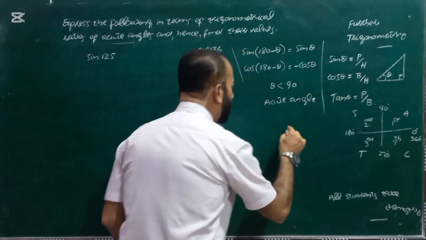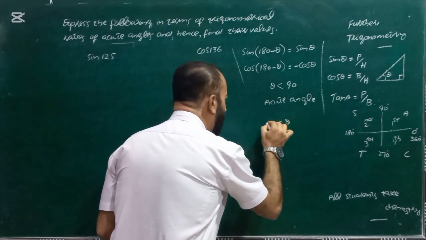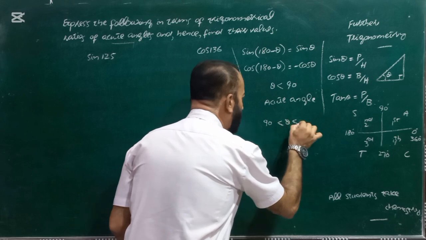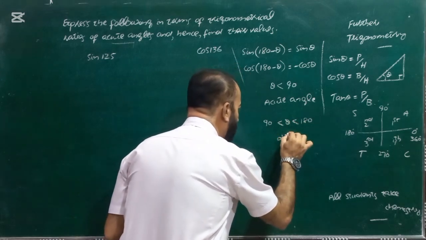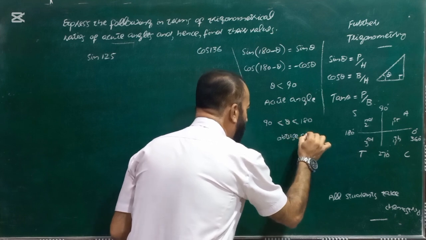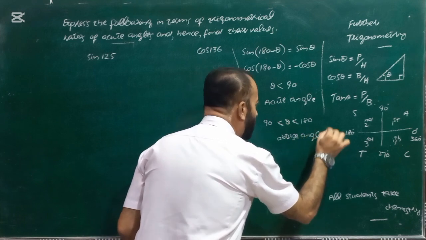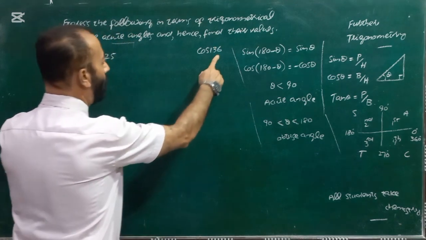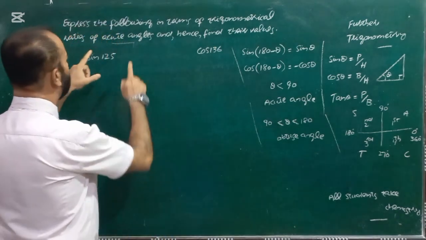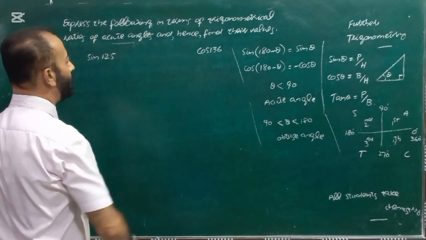And if theta is greater than 90 degree and lesser than 180 degree, that will be obtuse angle. So right now the questions which are given are in obtuse angles. The first thing that is required, represent them in acute angles.